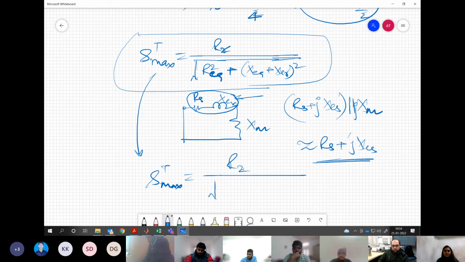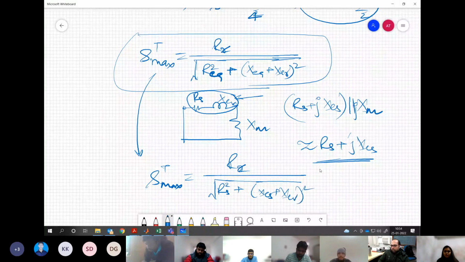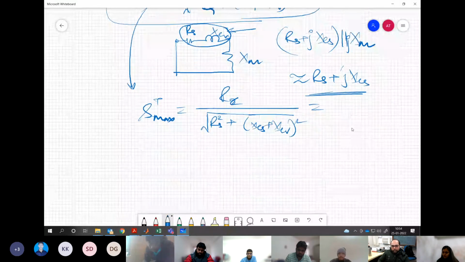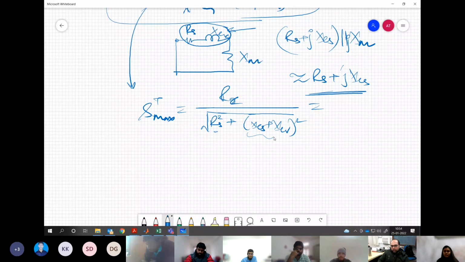Now what we are getting over here, R2 or RR, let's be consistent a little bit with that. So RS square plus XLS plus XLR whole square. Now again, if you see, the stator resistance is coming in combination with the reactances, stator plus leakage reactances. And in most of the cases, this component is dominant compared to the stator resistance.